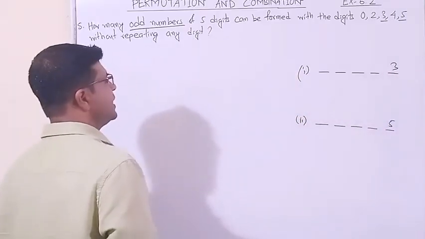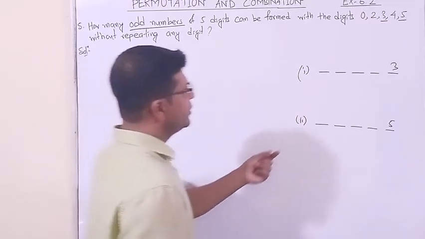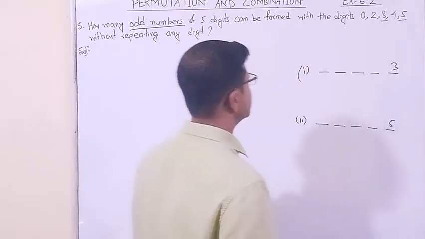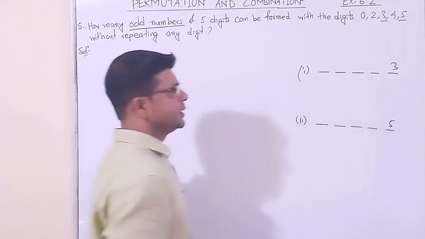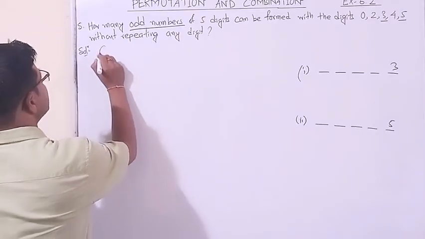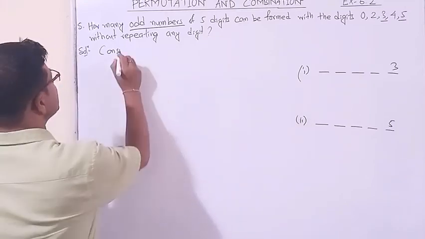Okay. Now, with the help of the principle of counting, let us do this. Now, this remaining 4 places, how can we fill up? Let us write. So there will be two cases, we have to write two cases.